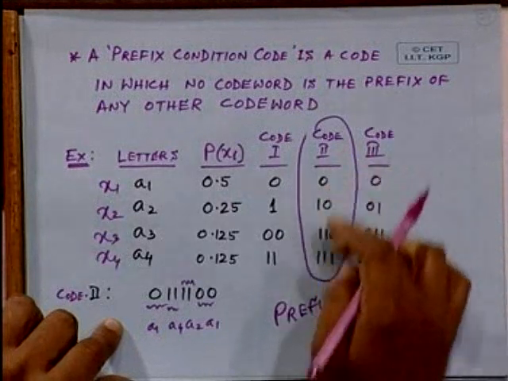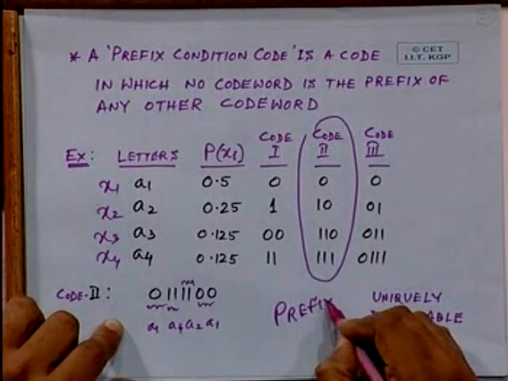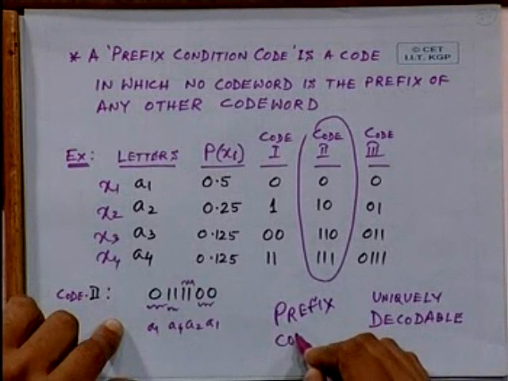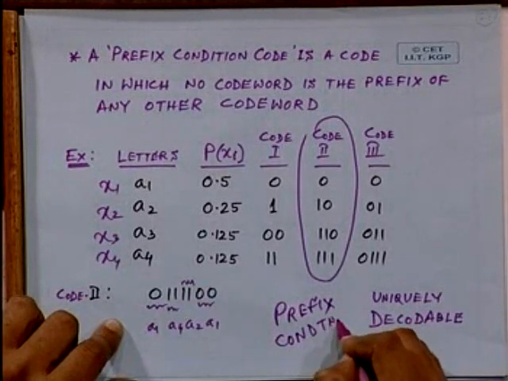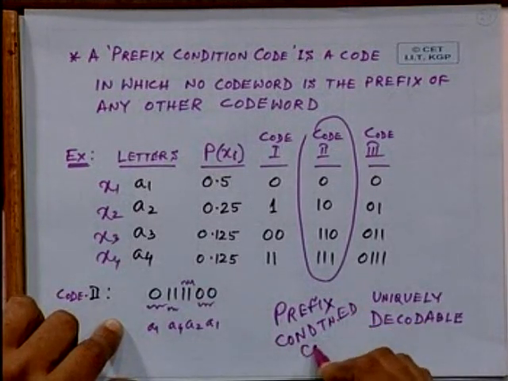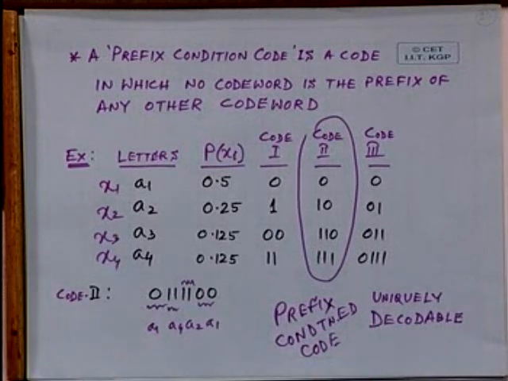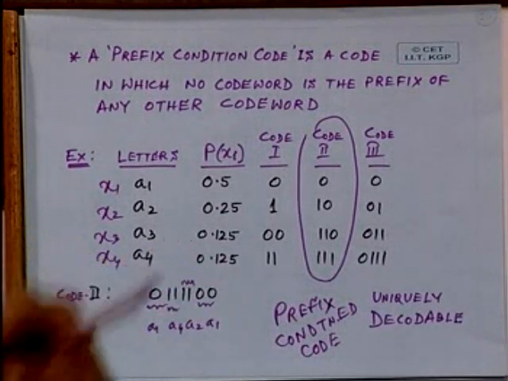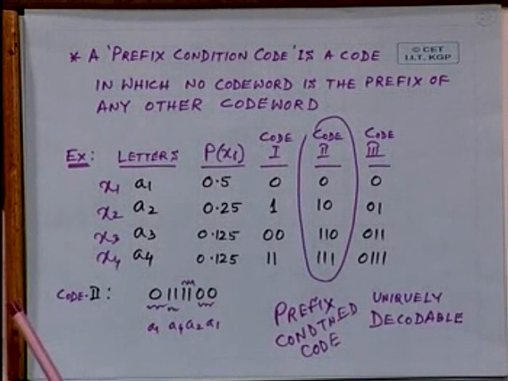The second code is an example of a prefix condition code. The prefix condition code is a coding scheme in which no code word, as a representation of the source letters, is the prefix of any other code word.